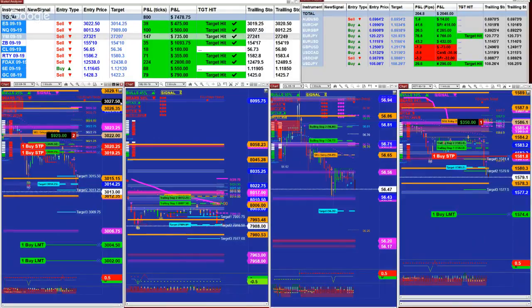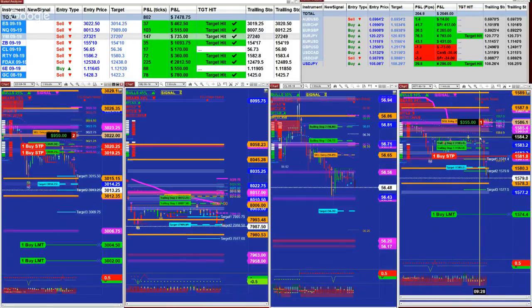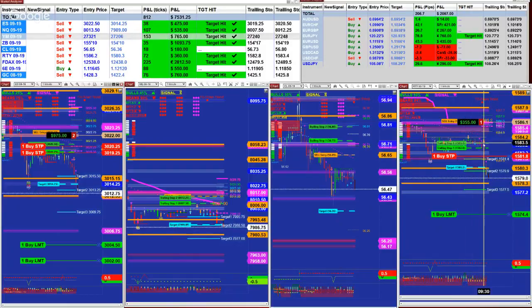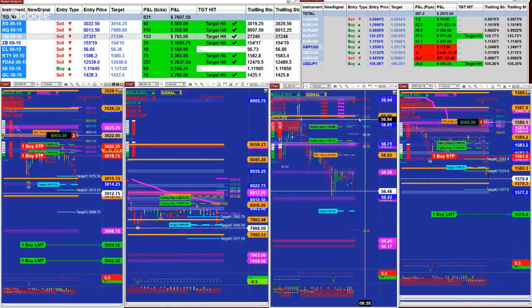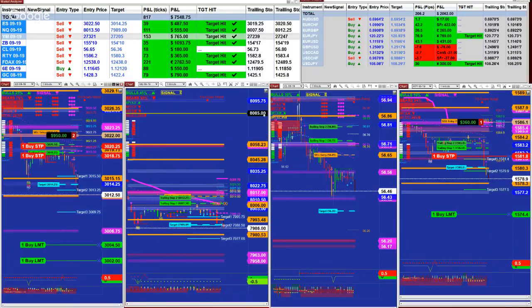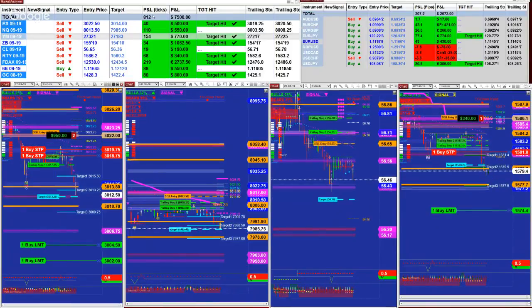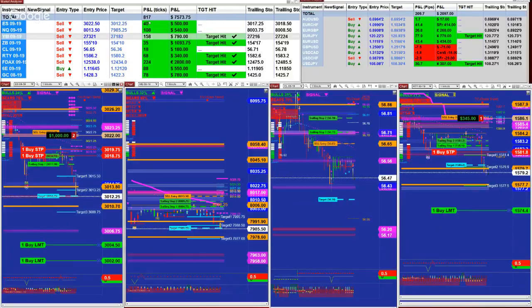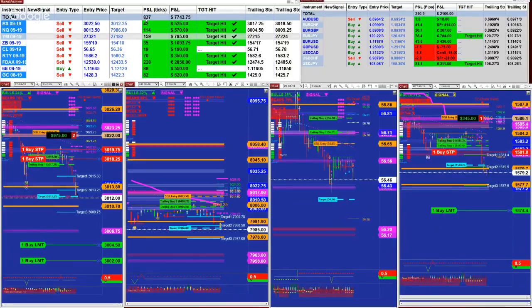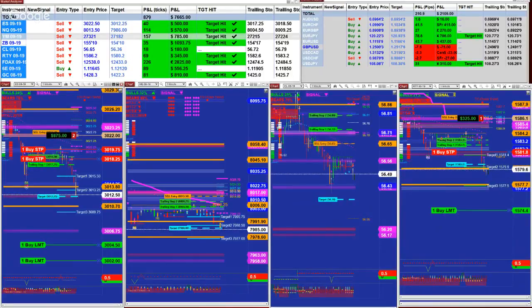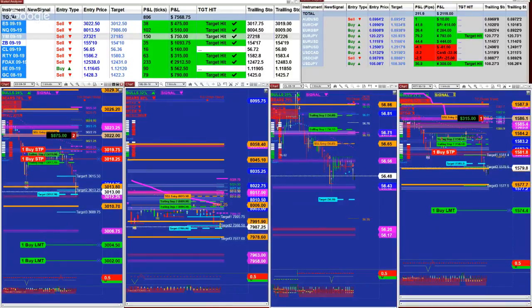You can use one contract, two contracts, or like on the Russell, we are using one contract right now, and we are using two contracts on the ES. At the moment, based on the last entry signal, we have 829 ticks into the profit. Let's go ahead and look at the scalping.